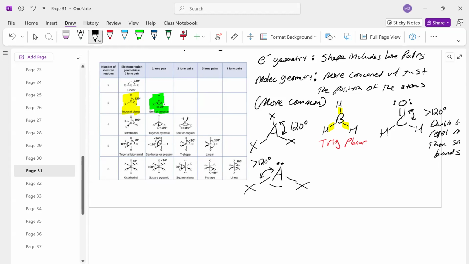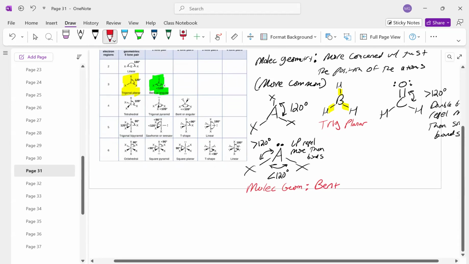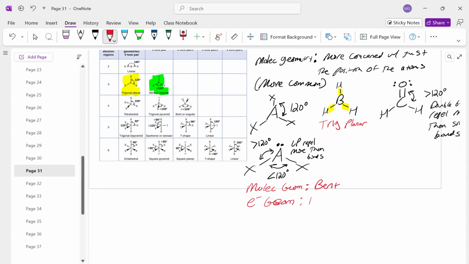And this one here is less than 120 degrees, since lone pairs repel more than bonds. Now, the molecular geometry, we would say, is bent. The electron geometry still falls under trigonal planar.